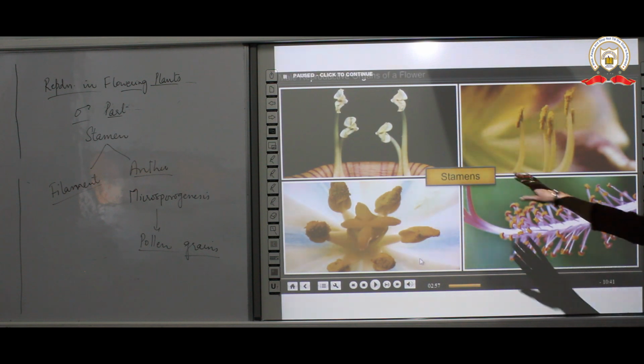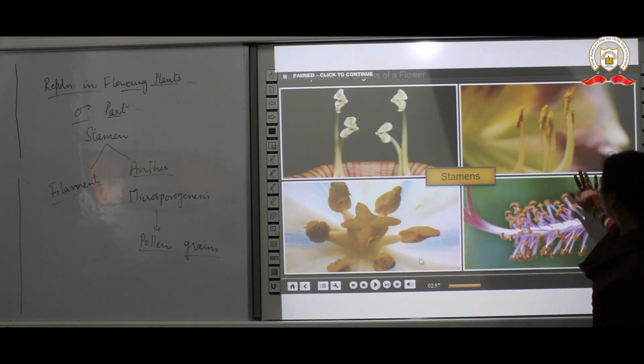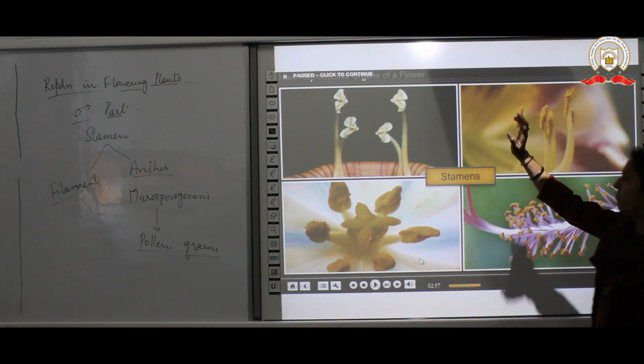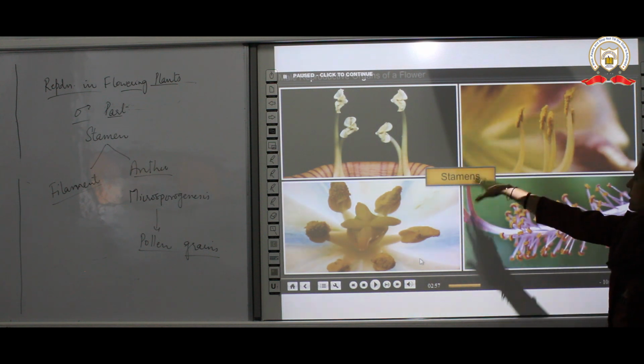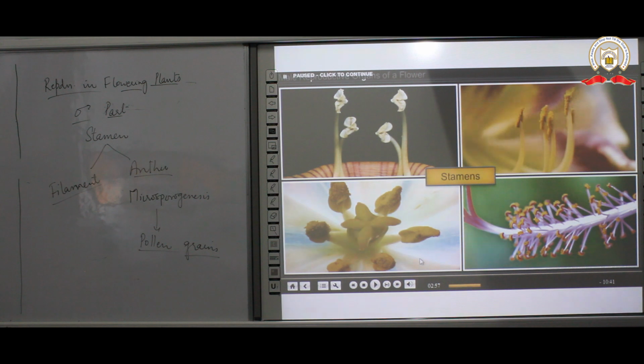Now you can see the arrangement is varying from flower to flower, but they all have one stamen. All stamens have one anther and a filament, which can be of small size or a long size, which can attach either to the thalamus or to the petals.